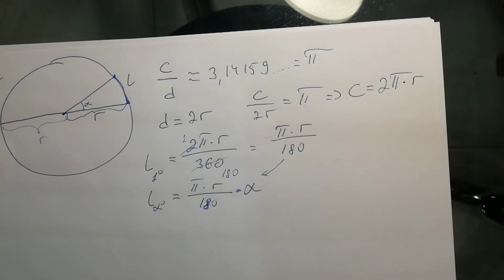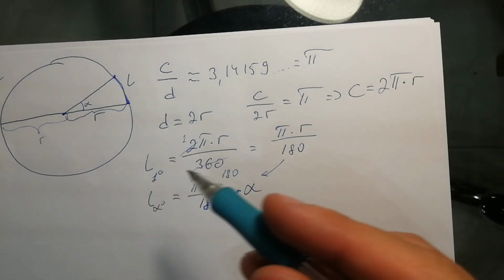Let's look at an interesting case. What should be the value of the arc's angle of a circle so that its length is equal to the radius of the circle? We can illustrate it like this.